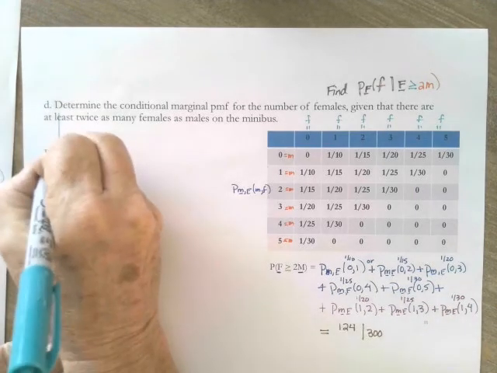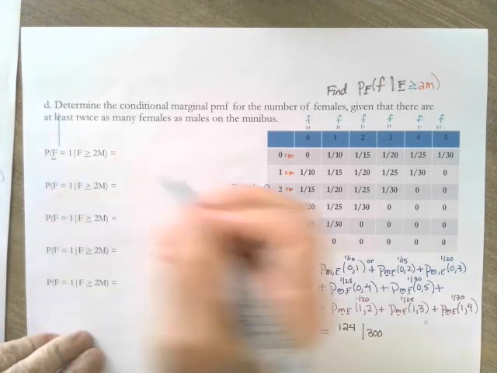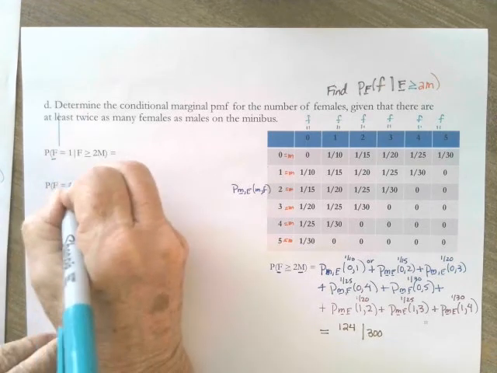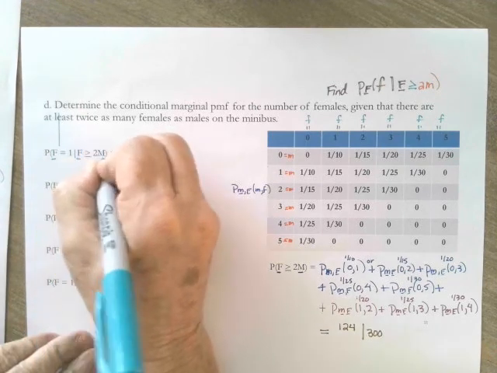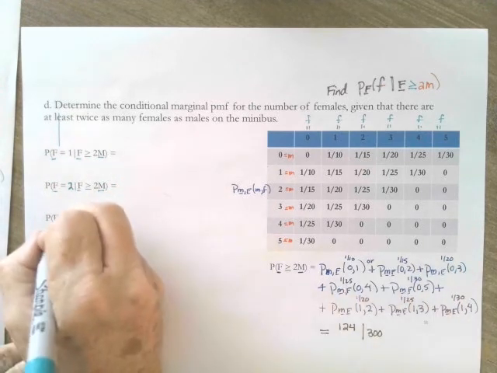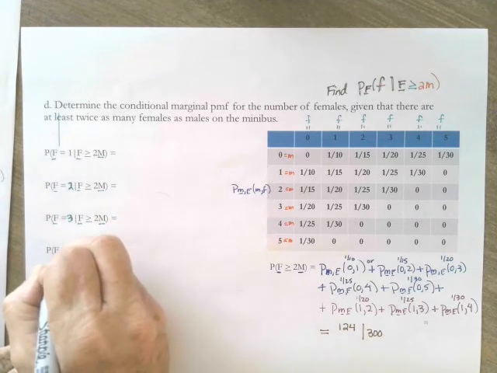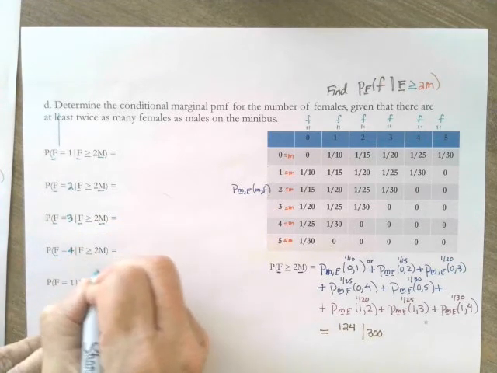So F, the number of females, could be 1. It can also be 2, and that's where my typo came in. F could be 2, F can be 3, F can be 4, well that was an easy correction.